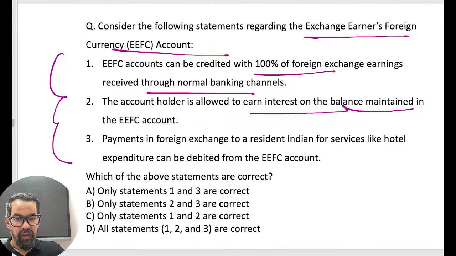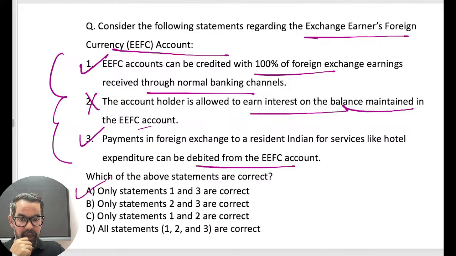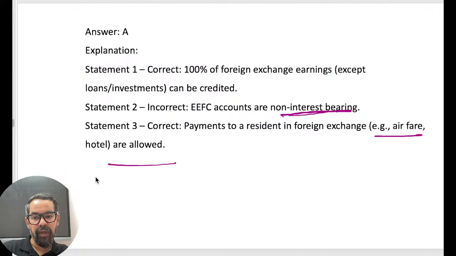These are interest free accounts, so this is wrong. Payment in foreign exchange to a resident Indian for services like hotel expenditure can be debited. Yes, it can be. So options 1 and 3, A will be the right answer for this particular question.